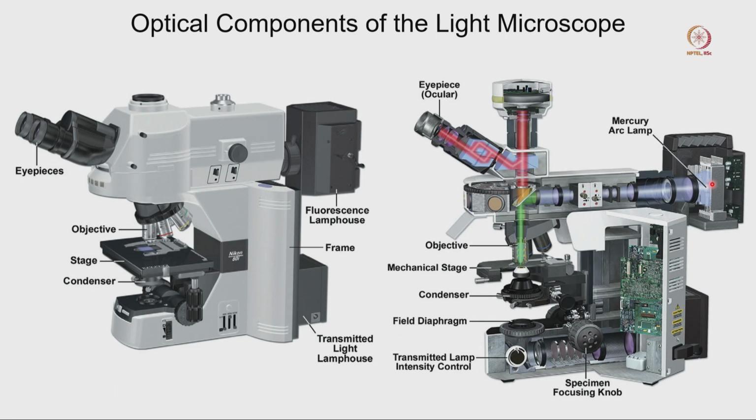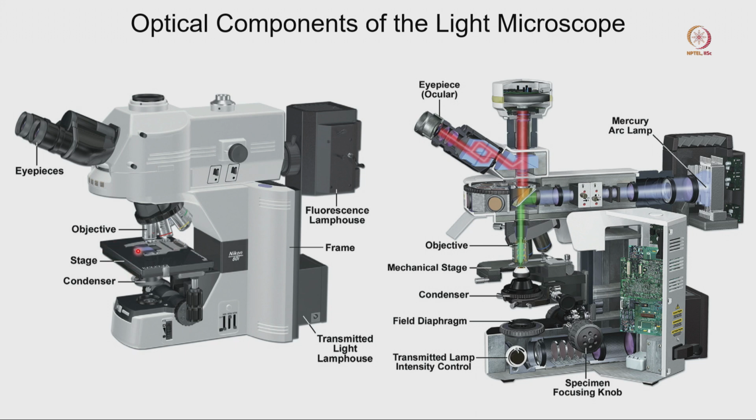Okay, so I discussed a very simple light microscope, and this is a modern-day optical microscope. This is a very sophisticated microscope, and this is the internal part of it, where you have different types of objective lenses. You can use the combination of the eyepiece and different types of objective lenses and get different kinds of magnification.